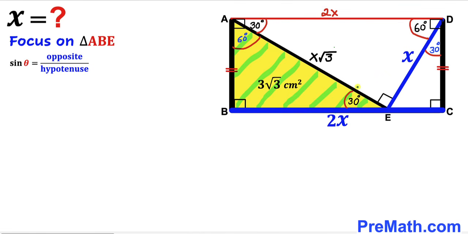So therefore, if we call this angle theta, then this side is going to be our opposite side, and this is going to be our hypotenuse.